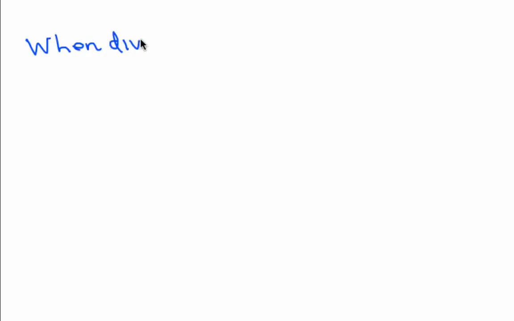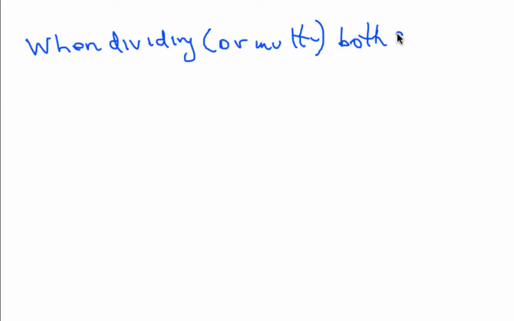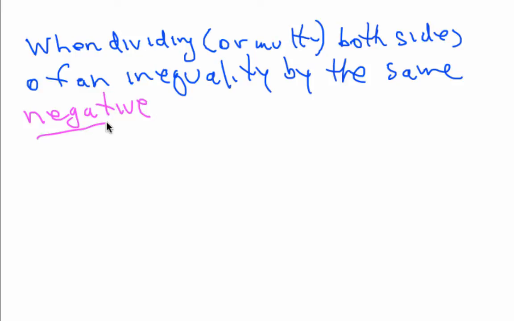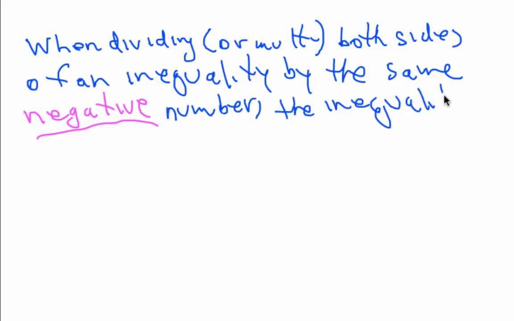When dividing or multiplying both sides of an inequality by the same negative number, the inequality symbol changes direction.